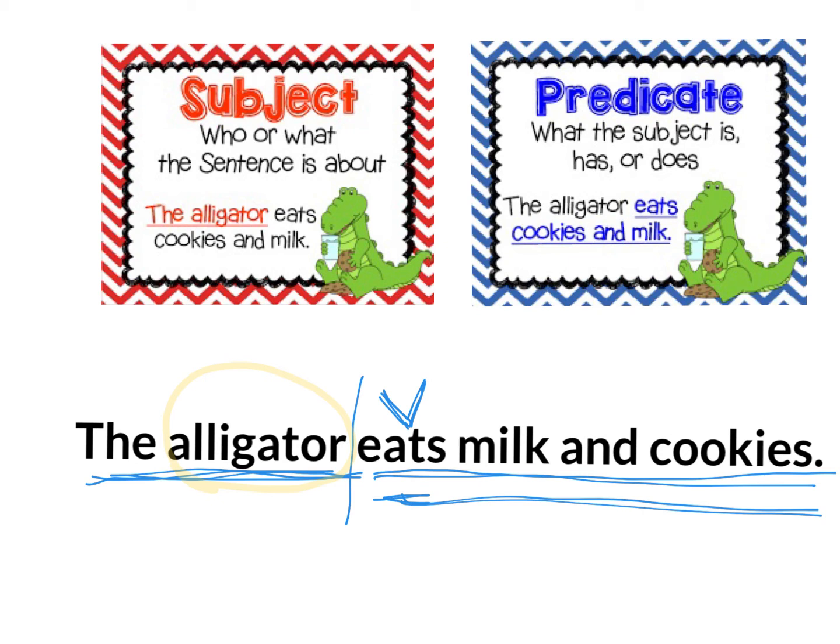If we look at our complete predicate, eats milk and cookies. Your simple predicate is just the verb. So what's our simple predicate? Your simple predicate's just the verb, it's eats. So in simple form of this sentence, alligator eats. If we look at our sentence that we broke up into complete subject and complete predicate, we found the verb, and it was eats.